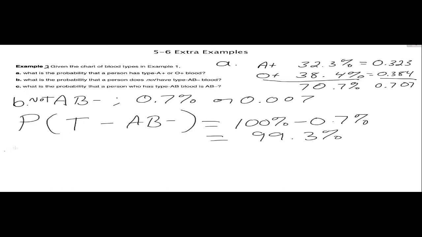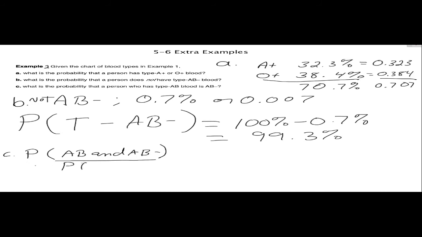So part C, this is the probability of AB and AB negative divided by the probability that they're AB.